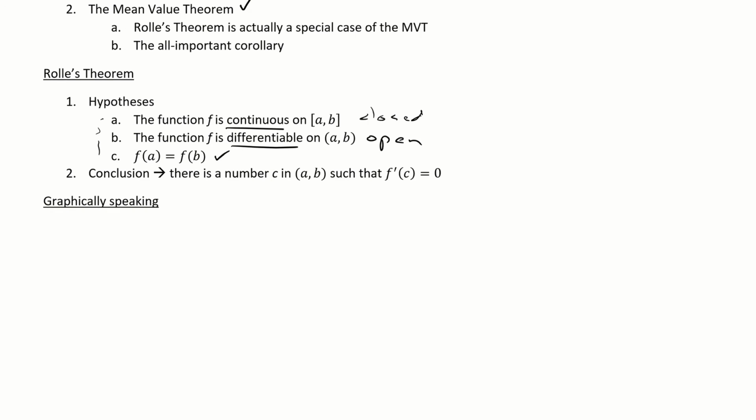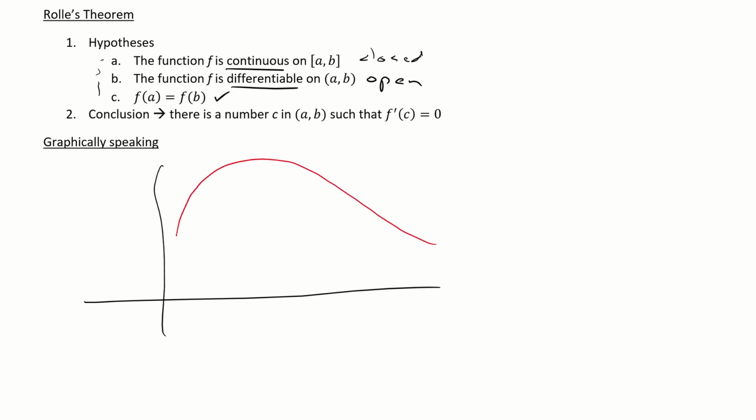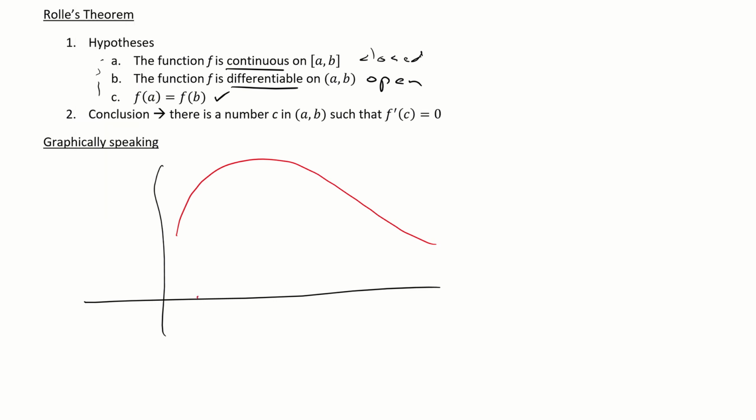Well, let's not even read the conclusion. I tell you what, let's look at a picture. So you got a coordinate system, right? And you got some sort of function moving through space like that. And it turns out that at some value a, and then if we read way over here like this, there's also some value b such that their function values are equal to each other.